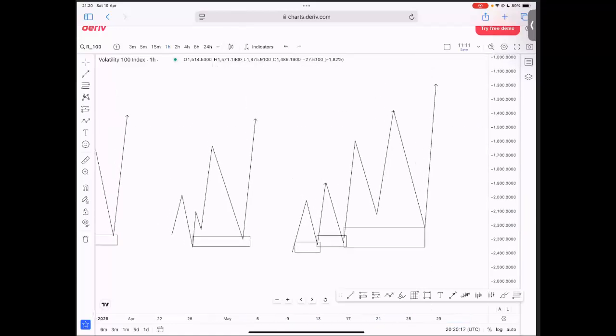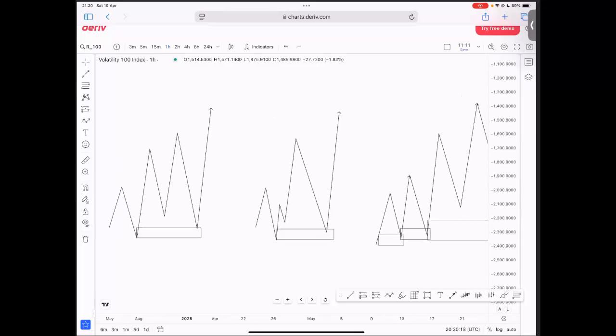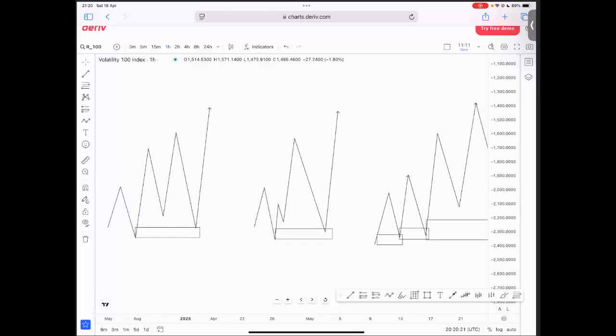Now, for synthetics, I prefer to use candlestick confirmation, although there are times when you can also use pattern confirmation. More like when you're done with the first trade and then price is coming back to confirm the second trade, you can use pattern confirmation, so long as it meets your type 1, 2, or 3 entry model.